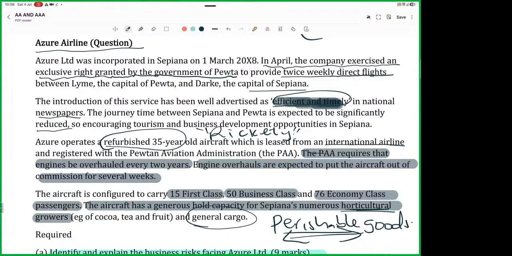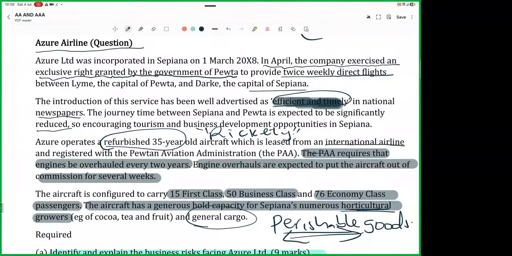Remember that I told you from the very beginning, your examiner would want to test your knowledge of various businesses outside the hotels, airlines. And once you are okay with them, you can never go wrong. So identify, and remember you can say anything.